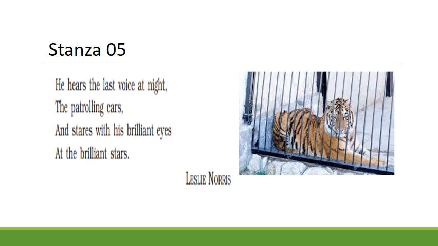So you can see how the poet has tried to compare the life of a tiger inside the zoo and how it would have been if it were living in the forest. So the tiger is very angry, very sad, as it is not free and it is not able to live its own life in its forest.